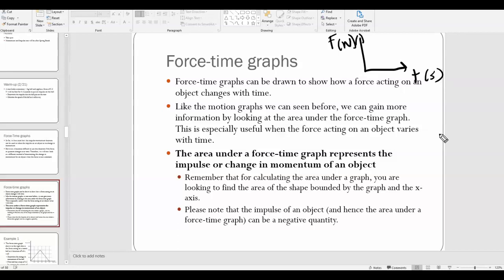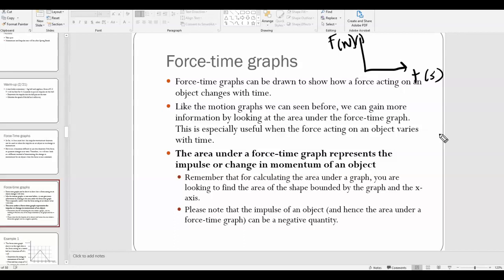Force time graphs can be drawn by hand, or nowadays we have sensors or probes that can measure force as a function of time. We actually have some in my classroom that we can use with Logger Pro. But force time graphs can be created to show how the force acting on an object changes over time.